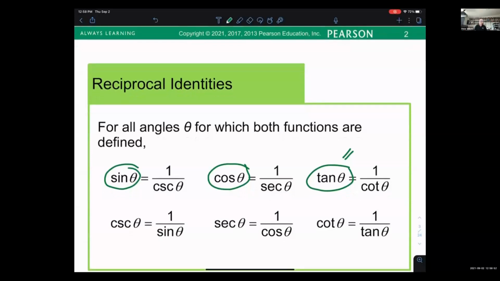The tangent of theta can simply be thought of as the sine function's result divided by the cosine function's result. So tan theta is equal to sine of theta divided by cosine of theta. If you already have a way to figure out what sine and cosine are, then to figure out tangent, you would just divide the sine answer by the cosine answer.